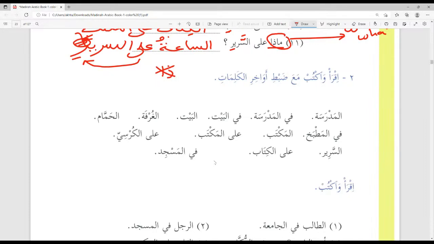When you take an oath by Allah, what do you say? Wallahi. Why does Allah end with a kasra? Because there's a waw before. Remember we studied waw means and, but this waw is called waw al-qasam, the waw of taking an oath.